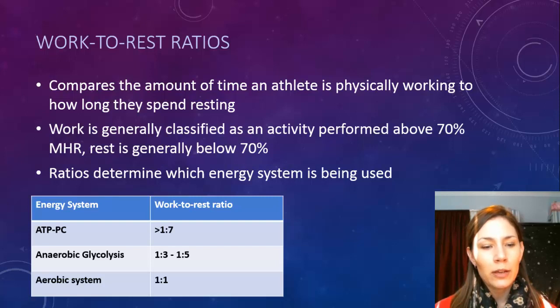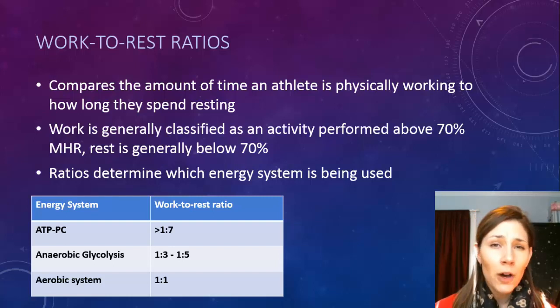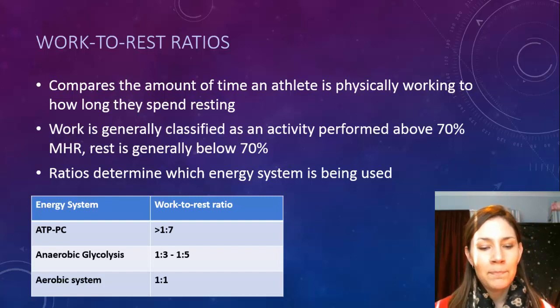And so they'll be working quite explosively, but then having time to rest it. Whereas if that goes down to 1 to 3 or 1 to 5, that means they're not getting as much rest time. That means they're not recovering their ATP-PC system as well, which means they have to then use their anaerobic glycolysis system, and this range will cover most team sports.